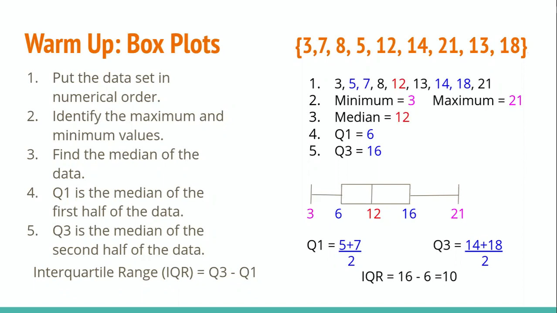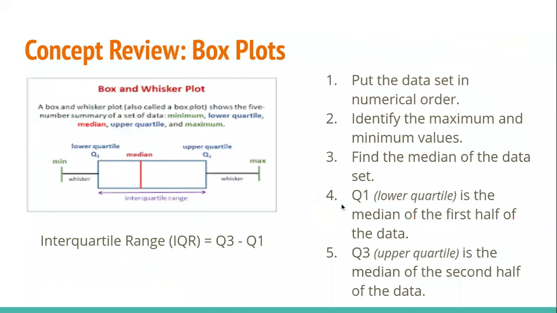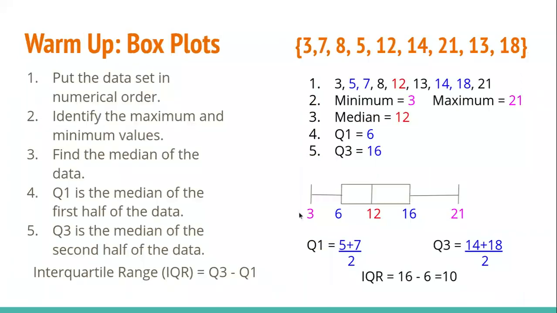So a box plot is a 5-number summary of the data. And then sometimes they want you to find the range between the first quartile and the third quartile, and that just tells you how the numbers spread from the middle of the front and the middle of the back.